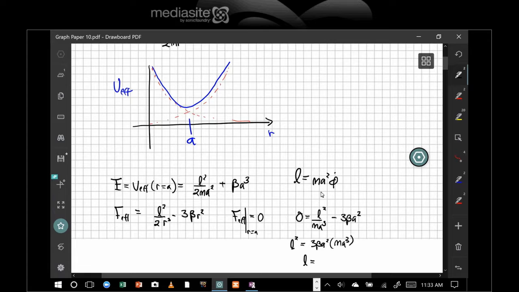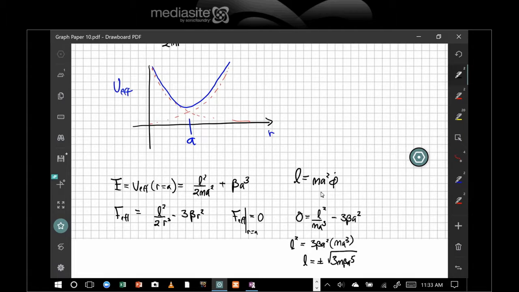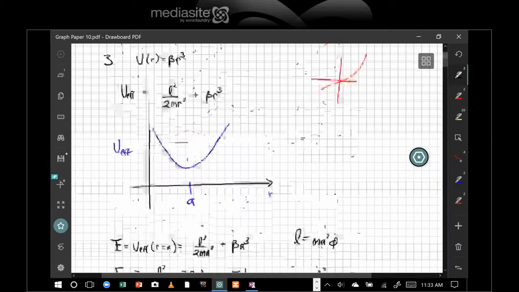And so L is going to be equal to, well, plus or minus, we'll take the plus case, the square root of 3m beta A to the 5th. So that's what L is. And by the way, we don't have the energy yet, remember, so we have L.